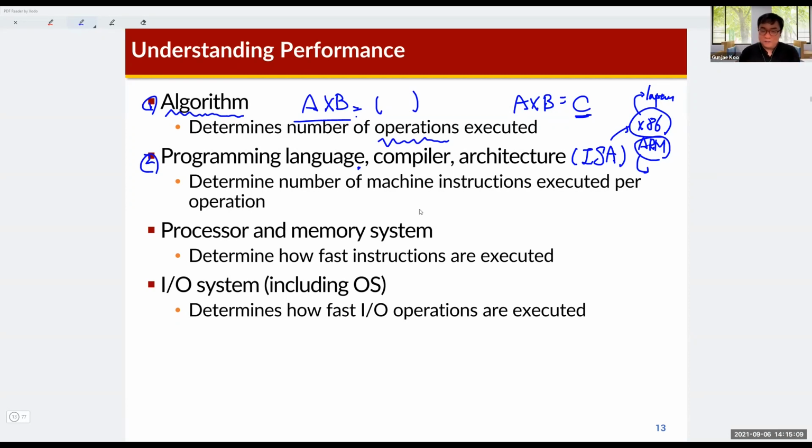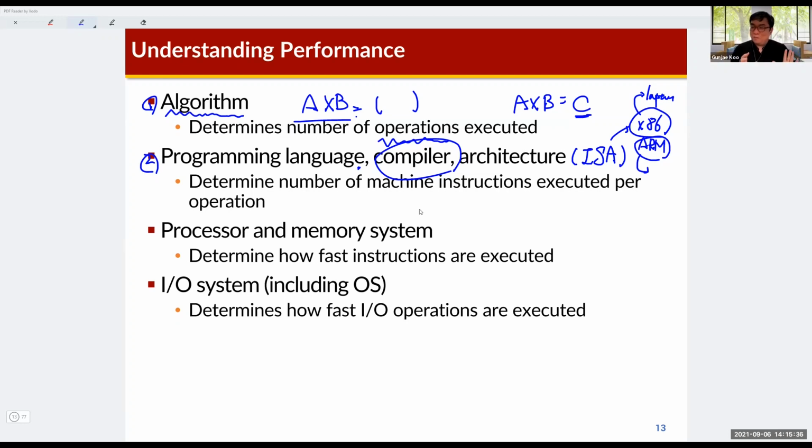And then the compiler. I mentioned the compiler when I mentioned the C language. The C language is very similar to our normal language, that means English. So this type of language is called a high level language, okay? Because these high level languages are very similar to our normal language.